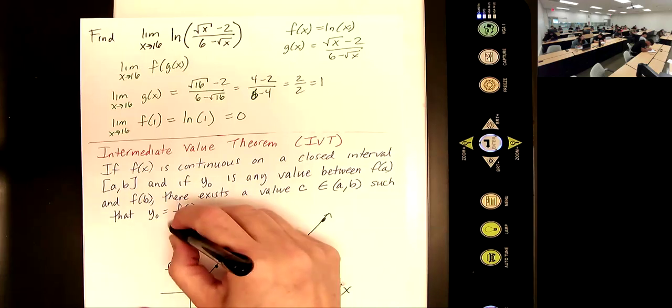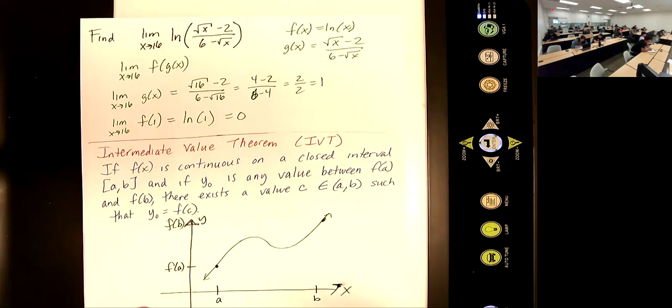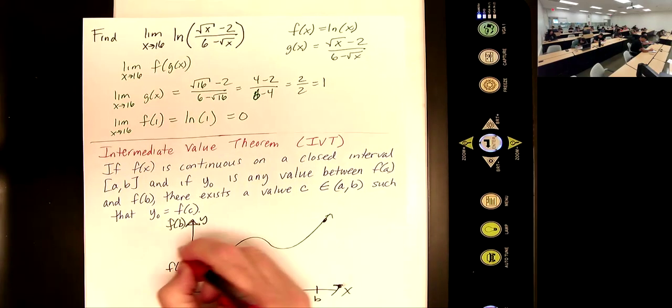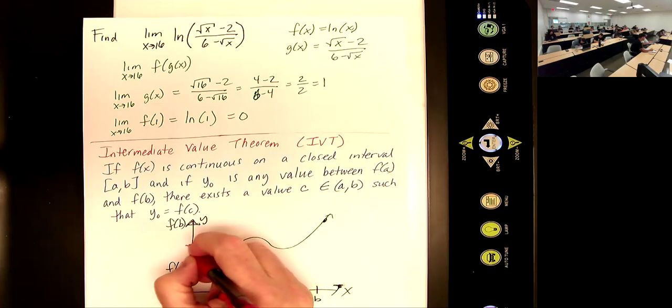Which makes that f of B. And then it says if y naught is any value between f of A and f of B. So we just pick somewhere between here, we'll call that y naught.